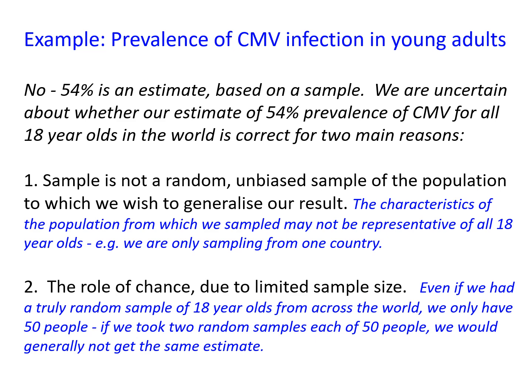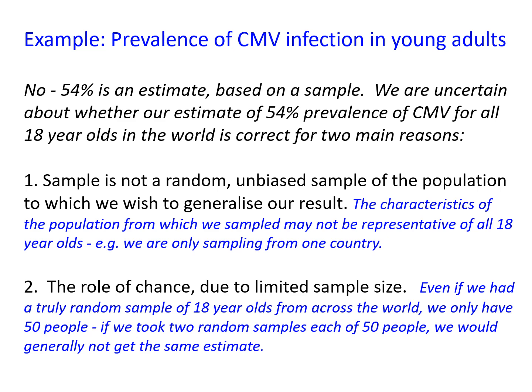for two main reasons. The first one is that the sample is not a random, unbiased sample of the population to which we wish to generalize our results. So the characteristics of the population from which we sampled may not be representative of all 18-year-olds. For example, we are only sampling from one country.